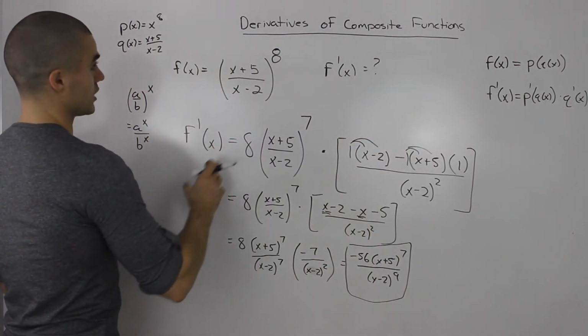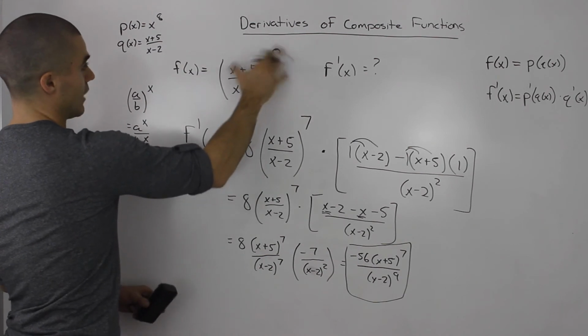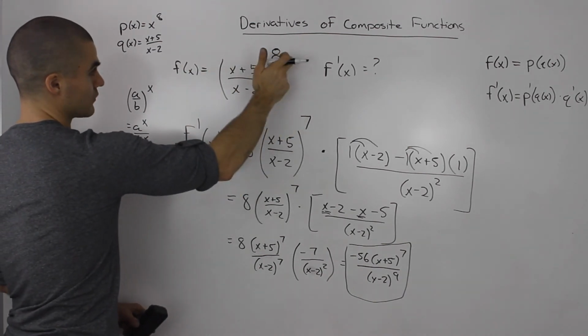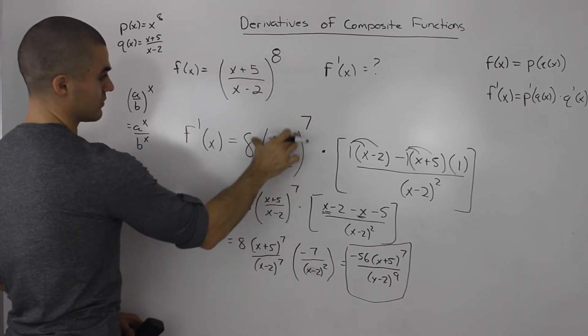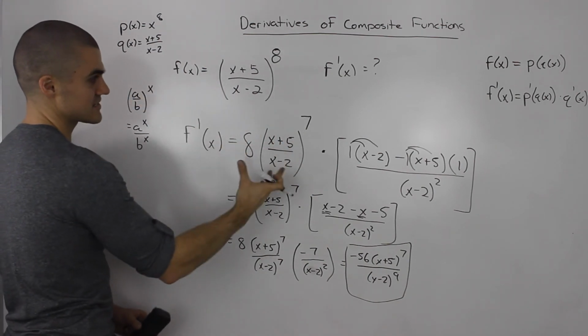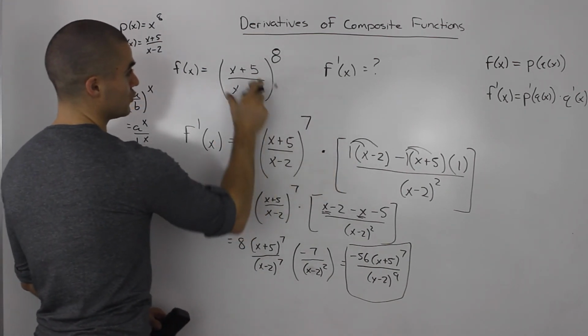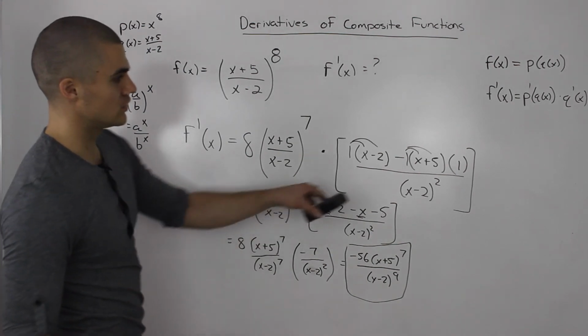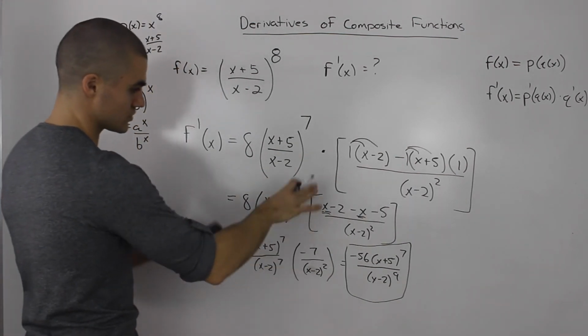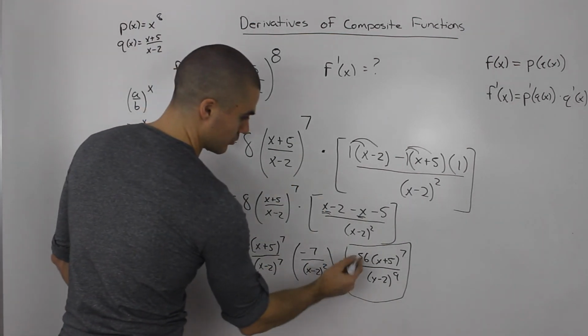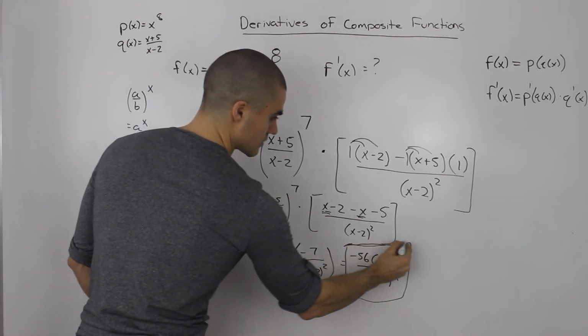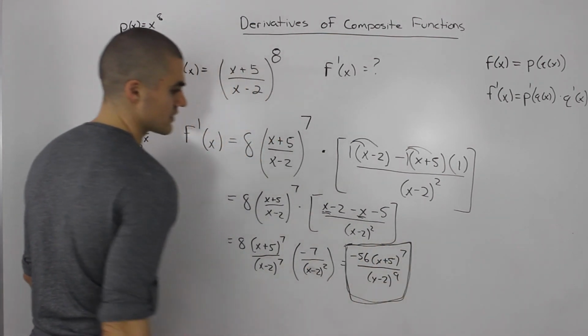So I did the outer function first, brought the 8 down, minus 1 from the exponent, kept the inside function, the q of x, as itself, and then I took the derivative of q of x, this function inside, using the quotient rule, simplified it, and ended up with this answer right here. That's our final answer. That's the derivative.